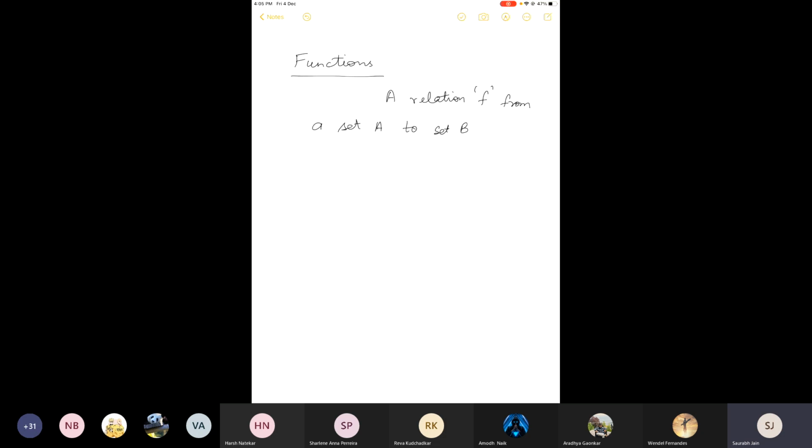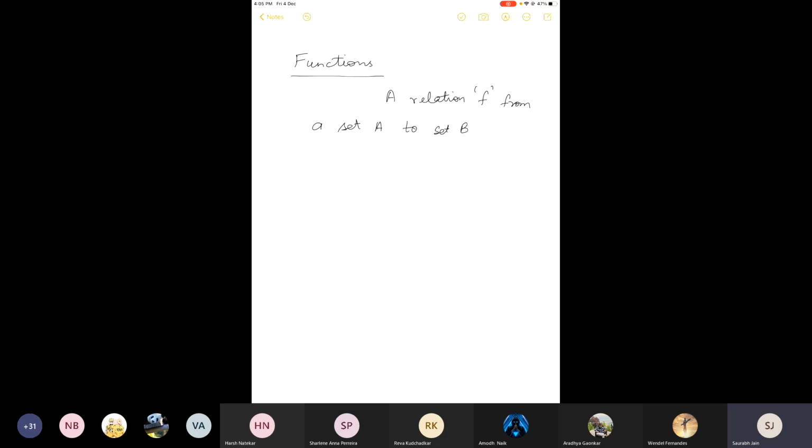So now that we have understood what a relation is, a subset of the Cartesian product A cross B. In the previous class, we learned how to find the domain and range of a relation. In today's class, we will be studying functions and some of the operations based on them. Okay.